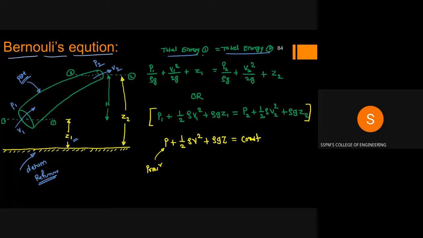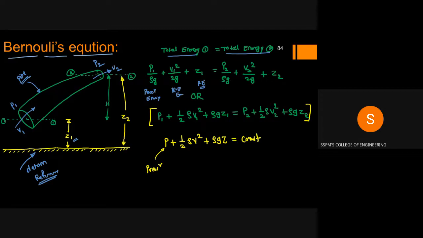The total energy is the summation of the pressure energy, the velocity energy, that is the kinetic energy, and the potential energy. The pressure energy is given by P1 upon rho g, called the pressure head. V1 square upon 2g is the velocity head or kinetic energy head, plus Z1. This is equal to P2 upon rho g plus V2 square upon 2g plus Z2.